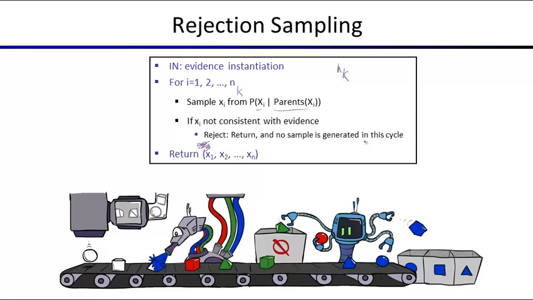Sampling is better because we don't do the spurious computation, but it's a little bit not great. Let's say you're sampling and you get very lucky, not rejecting, all the way to the very bottom of your Bayes net.